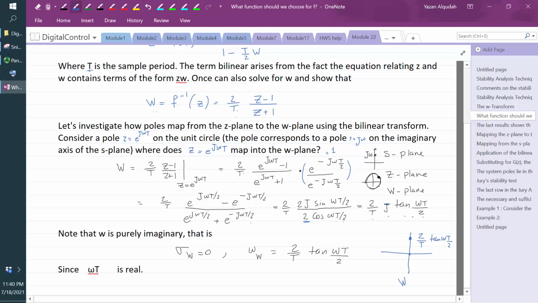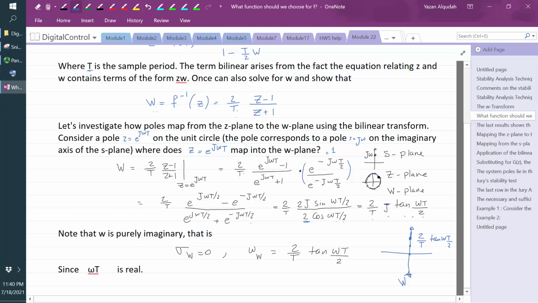Okay, now I did not specify the location. I just said the location is on the unit circle. Omega t can have any value along the unit circle. So apparently any pole that is on the unit circle is going to map somewhere along this imaginary axis here.